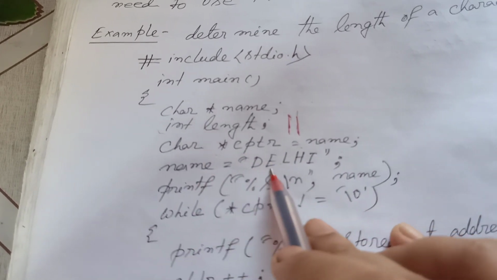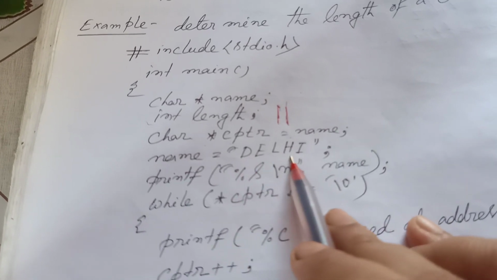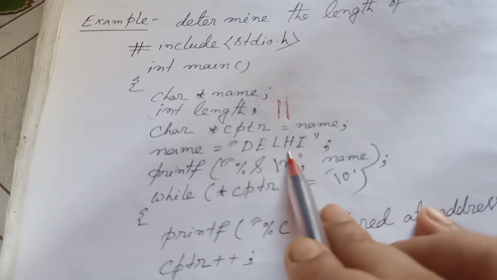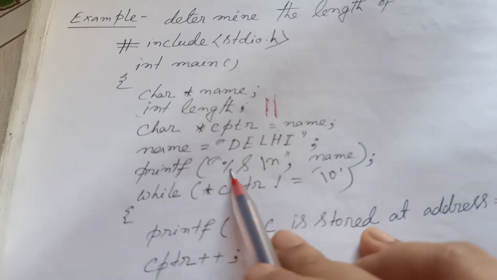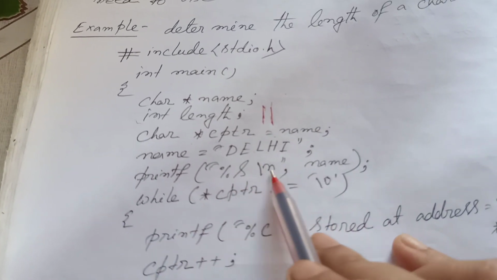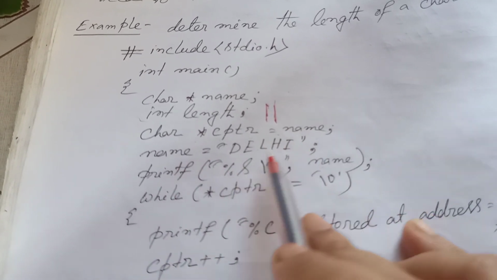Now name = "DELHI". 1 2 3 4 5 characters are there. So the length will be 5. printf within quotation marks %s comma name, it will show the string.